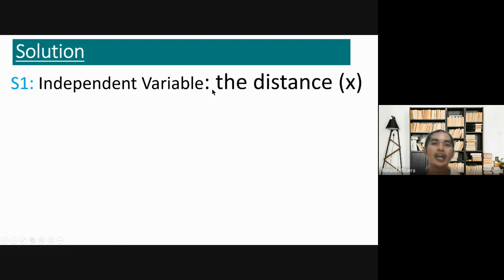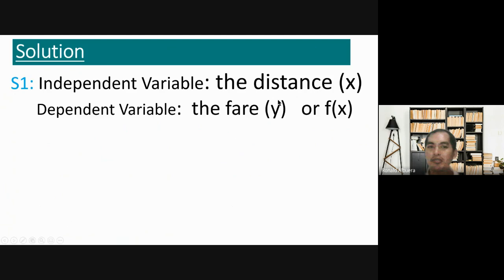Our independent variable referring to the distance na trinabel ng jeepney. So, our variable is x and our dependent variable ay yung total amount or total fare. Yung pamasahe ni Mark represented by y or f of x because we are referring to function. So, better we will use this functional notation f of x.